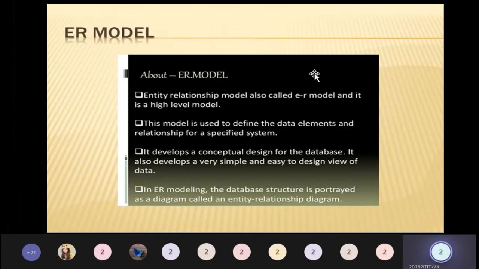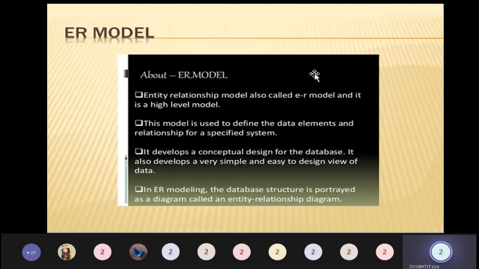Next let us see about the ER model. Before that, first let us know the main purpose of the database system. The main purpose of the database system is to provide the user with an abstract view of the data.